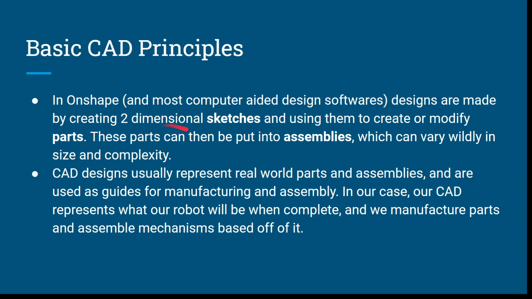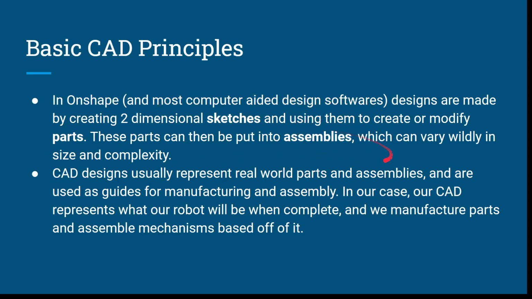You have two-dimensional sketches, and then you can use those to create or modify parts. A two-dimensional sketch is just a 2D sketch. It's flat. Then creating or modifying parts, and parts are three-dimensional, but a part is always one thing. And then these parts can be put into assemblies, which is a group of things.